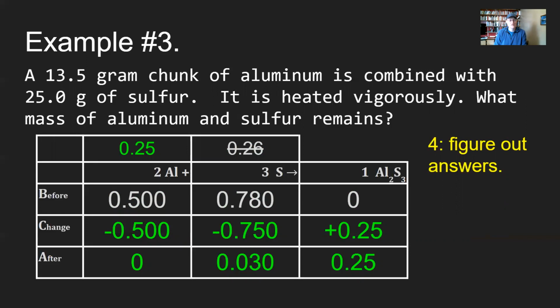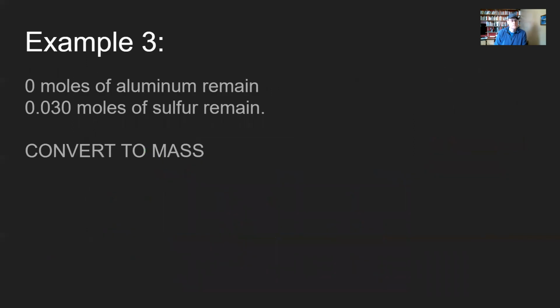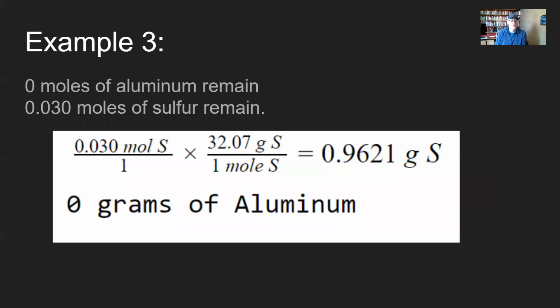So how many moles of aluminum and sulfur remain after the reaction? 0 moles of aluminum remain, 0.030 moles of sulfur remain. Now we get to convert those into mass. Take a moment to do that. You'll notice that you got 0 grams of aluminum.